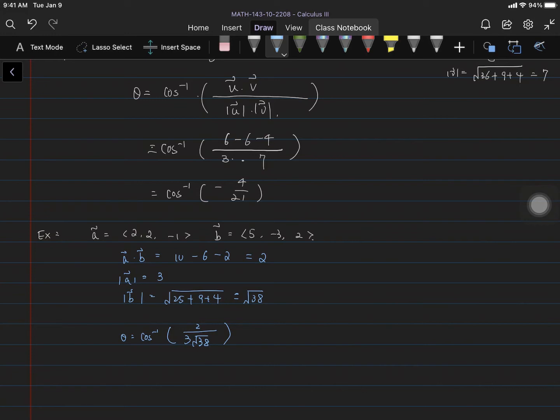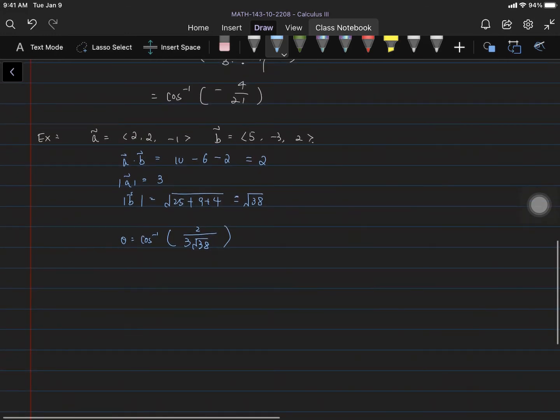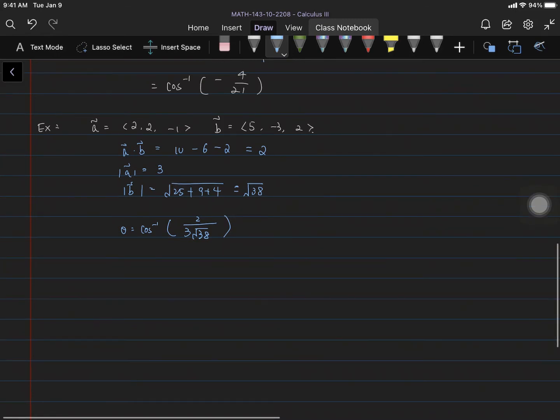Because two vectors have an angle, we have another definition called perpendicular. Perpendicular means the angle between them is 90 degrees, or pi over 2. In this case, we say those two vectors, u and v, are perpendicular or orthogonal.